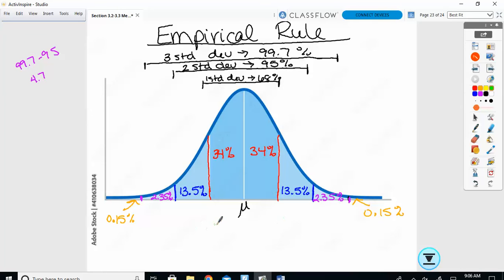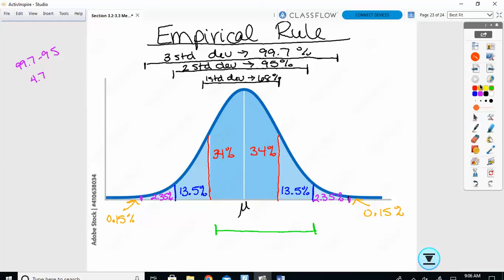So 1 standard deviation below starts here. 2 standard deviations above goes here. So what would you do? Add those 3 percentages. 34 plus 34 plus 13.5. 81.5% falls there.